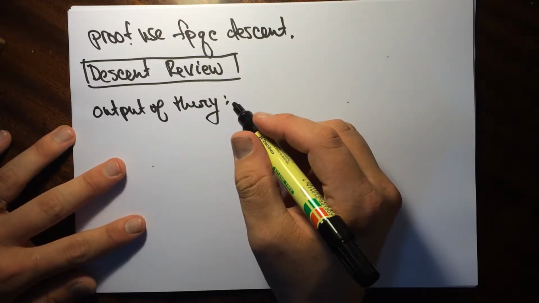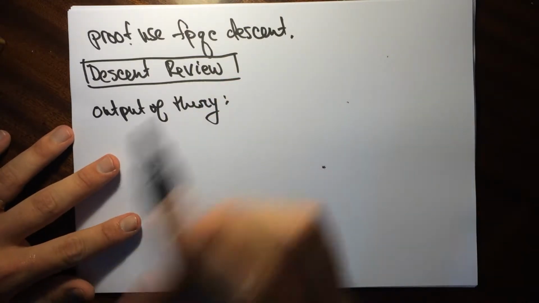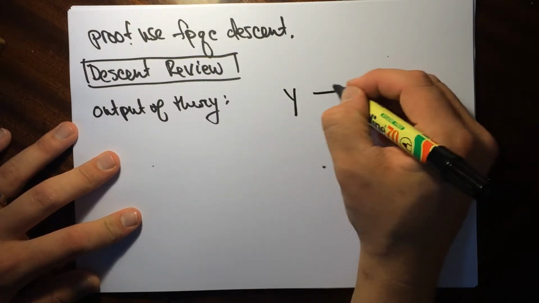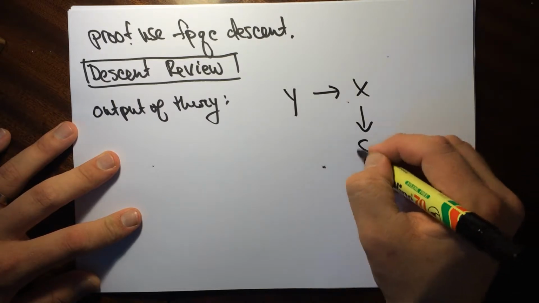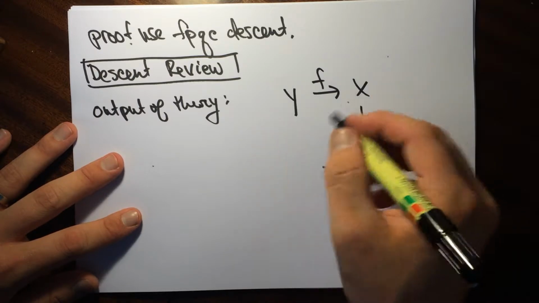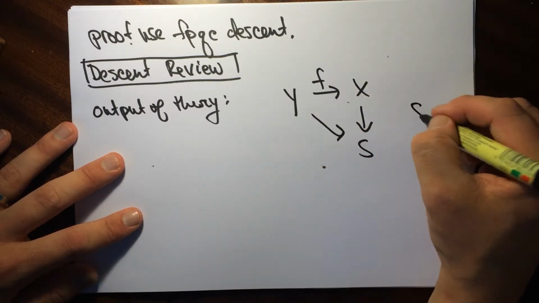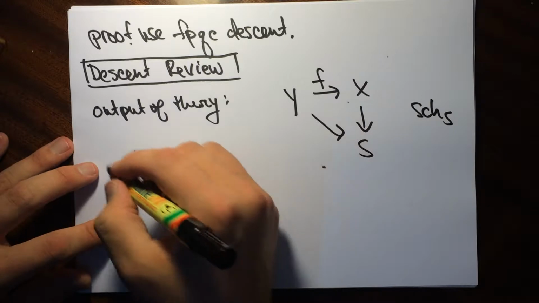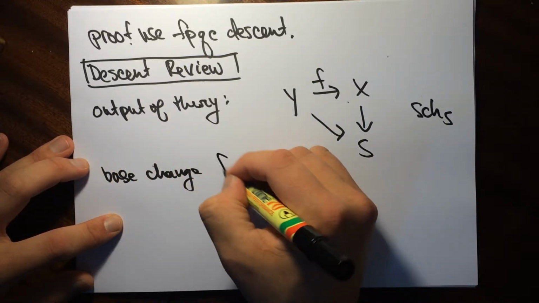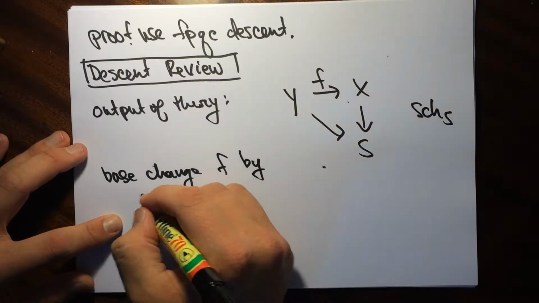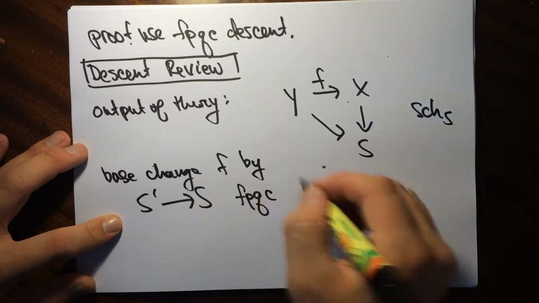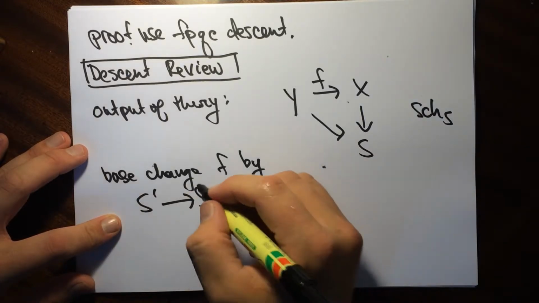So what we'll be doing is looking at a morphism of schemes, so this is a morphism of S-schemes, and we can base change f by an FPQC covering. This is going to be a site, and this is a covering in the site here.